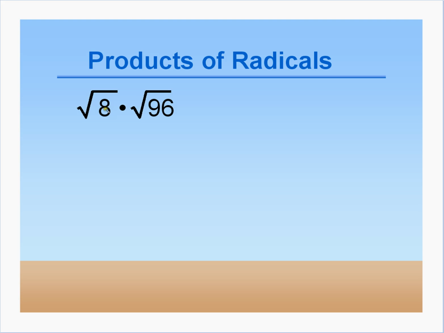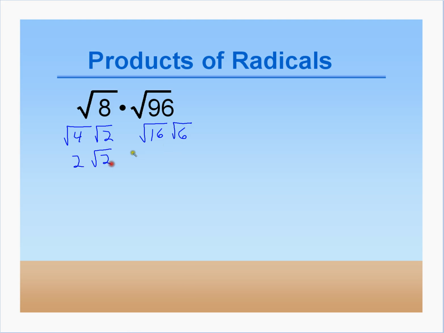A 4 goes into this, so we can think, okay, well, there's the square root of 4 times the square root of 2. And 96 is not as familiar, but 16 does go into that 6 times. That might be some guessing and checking, but we're finding a perfect square that goes into this. So the square root of 16 times the square root of 6. And so the square root of 4 is 2.